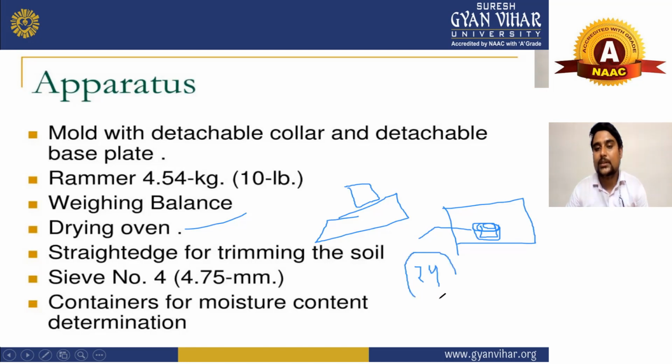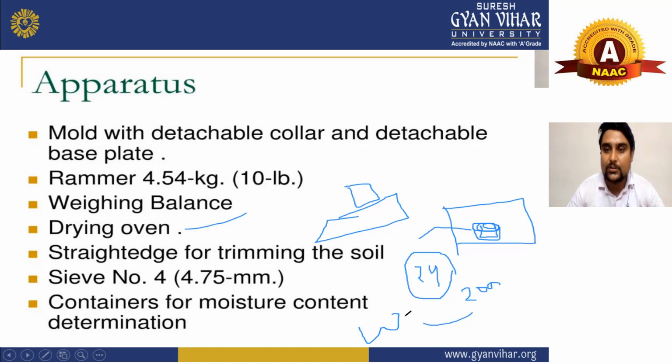This will be the same in all tests, because first you have to take 200 gram of soil sample, and you have to take the initial weight. It will be W1. Okay. Then you have to keep it for 24 hours in the drying oven, and you have to take the weight again. You take the weight of this sample after 24 hours, and it will be W2.